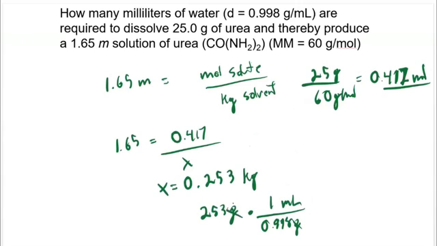The grams will cancel out, and we get around the same number, 253.5 milliliters. And with proper sig figs, since both of our measured numbers in this question have 3 sig figs, 254 milliliters would be our best answer.